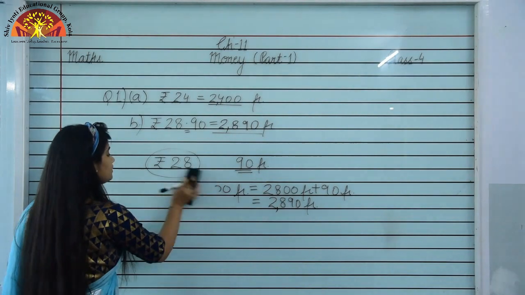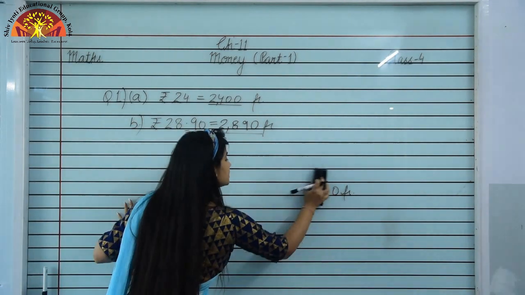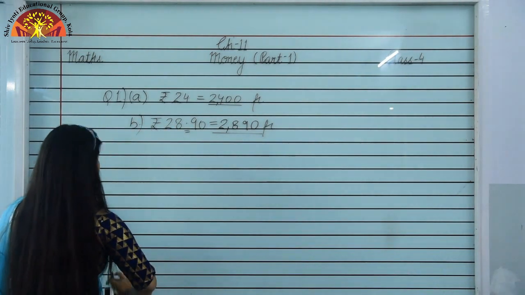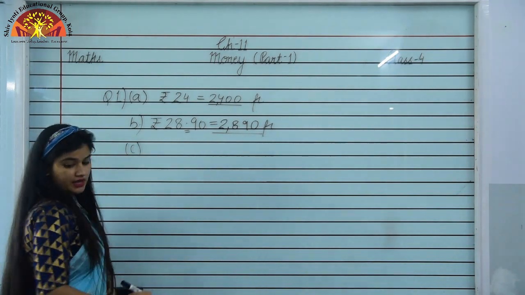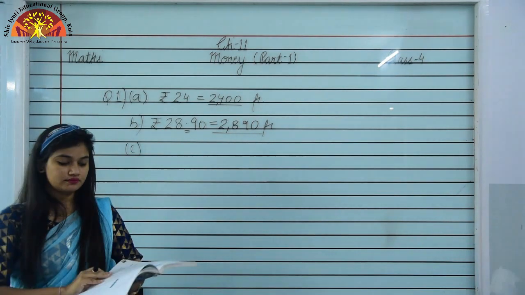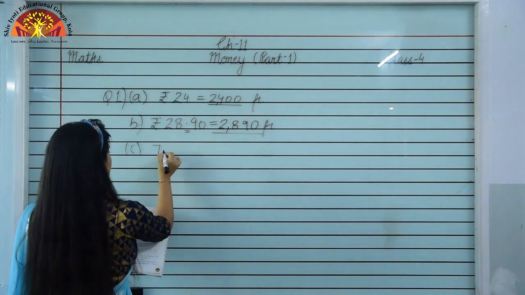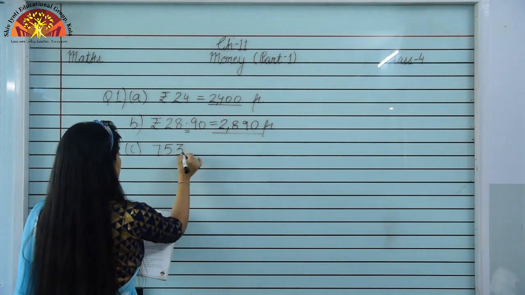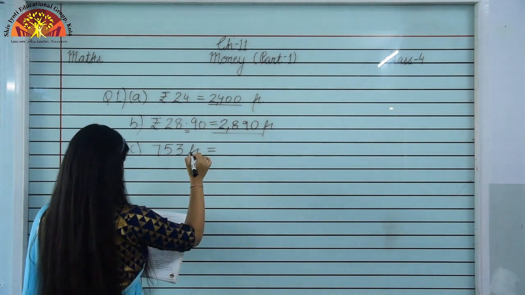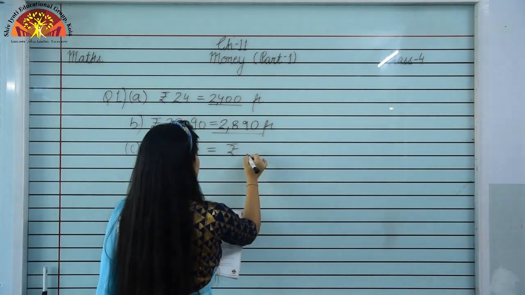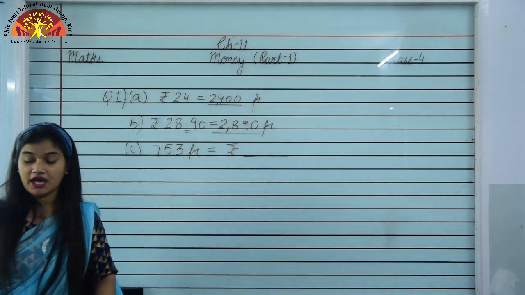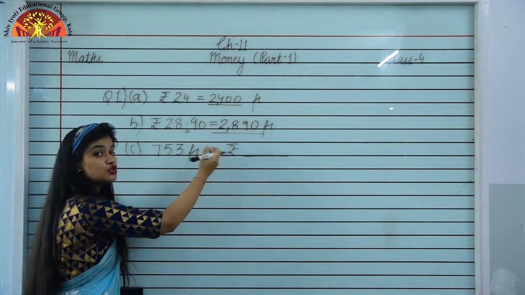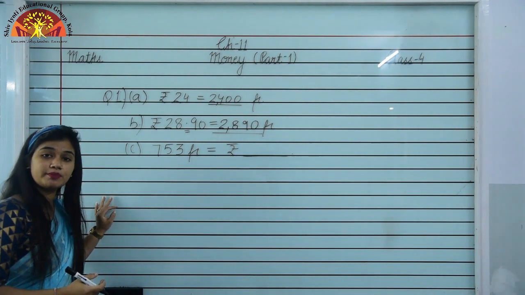Now we will take one more question, C part of question 1, and C part is 753 paise is equal to rupees dash. This time we have to convert paise to rupees. How can we convert paise to rupees?